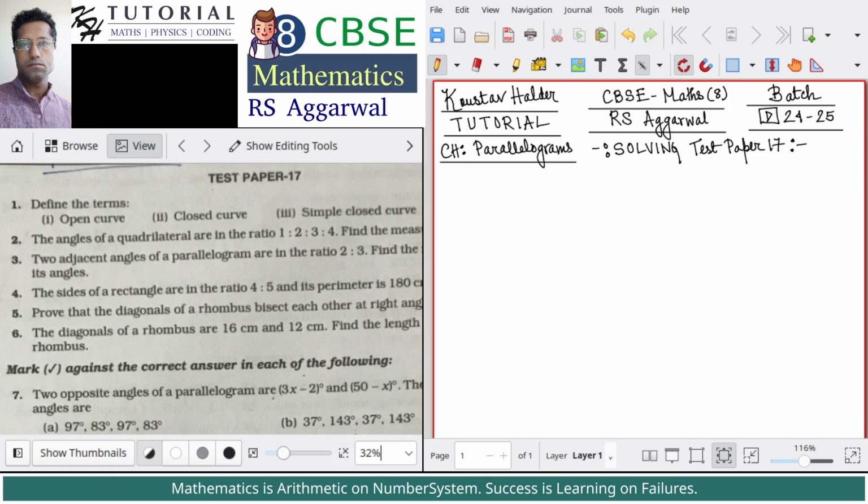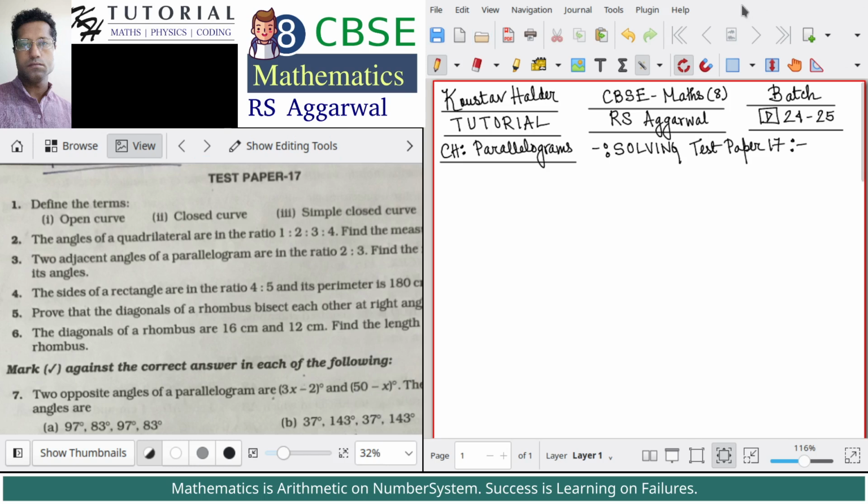On the right hand side, I will solve the problems. In the first six problems, some are theoretical and some are repeated. I won't solve the repeating problems or the theoretical questions, but I will possibly discuss them in a very brief manner.